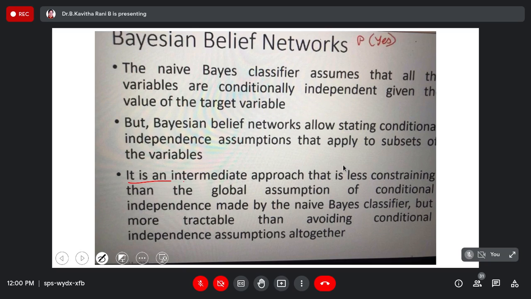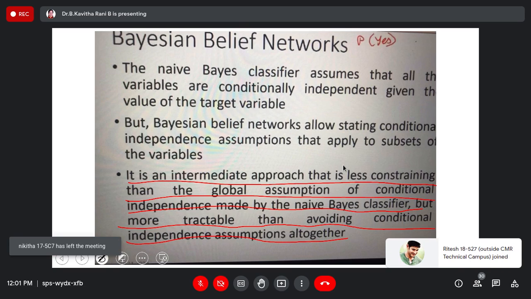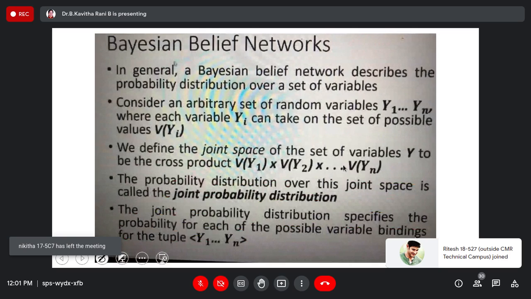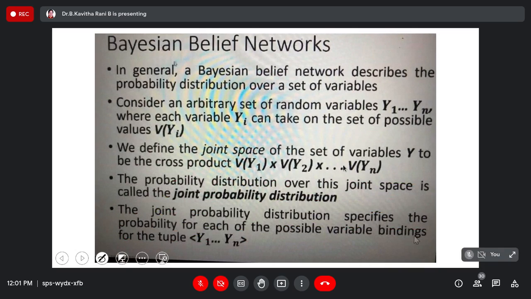So it is an intermediate approach that is less constraining than the global assumption of conditional independence made by the Naive Bayes classifier, but more tractable than avoiding conditional independence assumptions altogether. So in general, a Bayesian belief network describes the probability distribution over a set of variables.